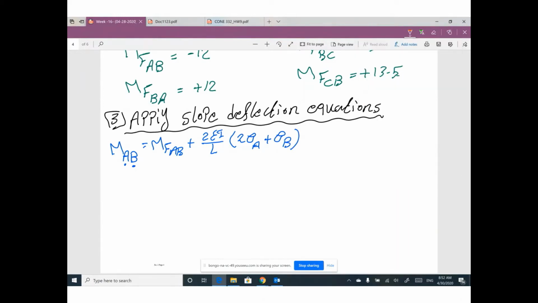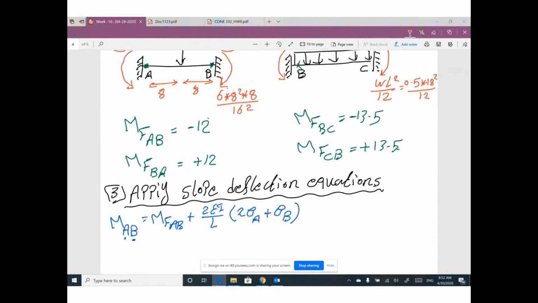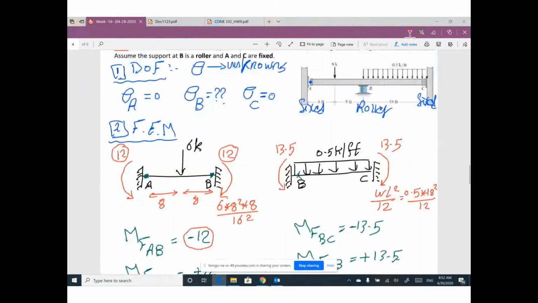Yes, I can put numbers because M fixed AB equals -12. L for this member AB is 16.